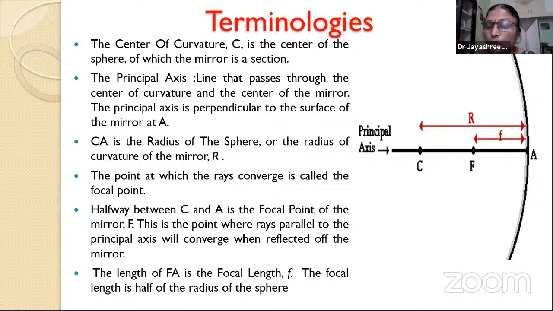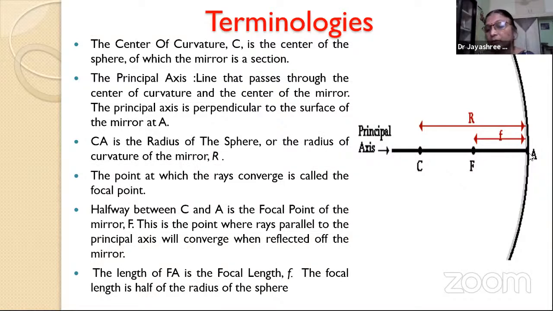And the most important feature of this principal axis is that it is perpendicular to the surface of the mirror at A. And this is the focal point, where rays parallel to the principal axis converge when reflected off the mirror. What is this length FA as shown in the figure?